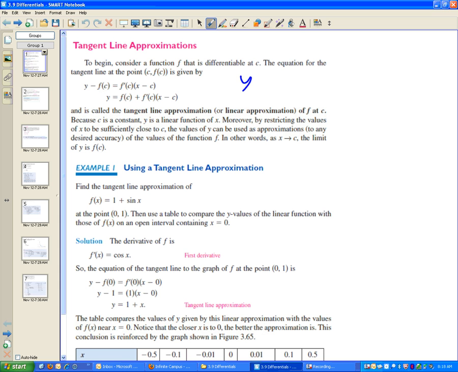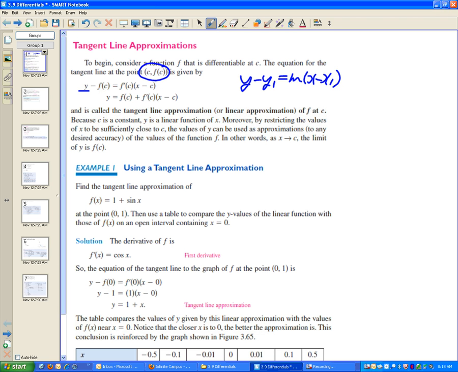Now, this is simply the point slope form that you learned forever ago. All right? If that's our point, then c is x1 and f of c is y1. The slope of the tangent line is the derivative.